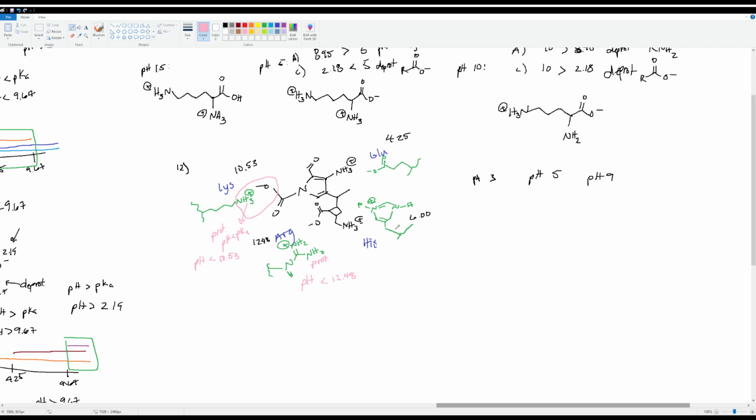Now we look at histidine. Let's think about this. We have two positive charges here. What do positive charges want to do? If you get two positive charges in close proximity, what interaction will they have?